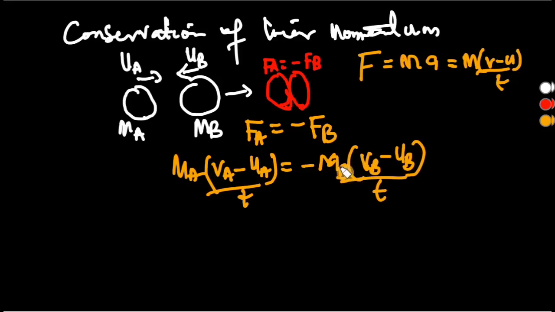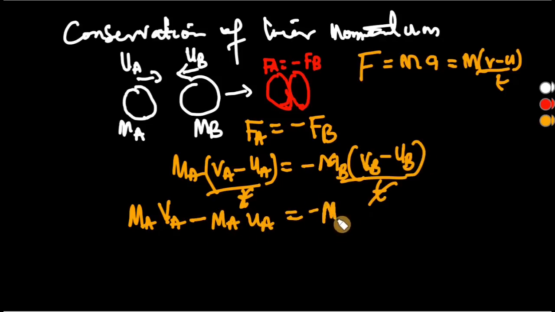So if we multiply both sides by t, you notice that the time is the same and cancels. Multiplying through, you see that this is ma Va minus ma Ua equals minus mb Vb minus minus, which is plus mb Ub.